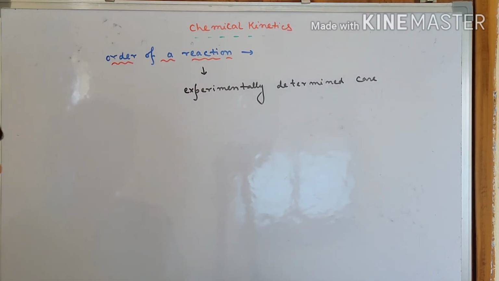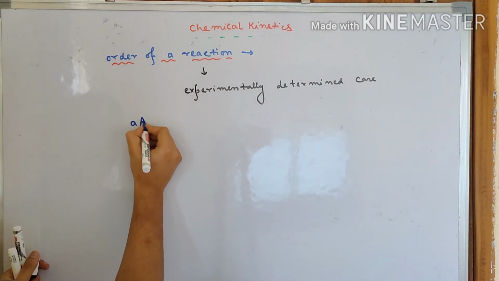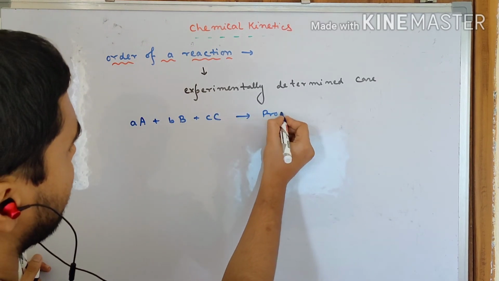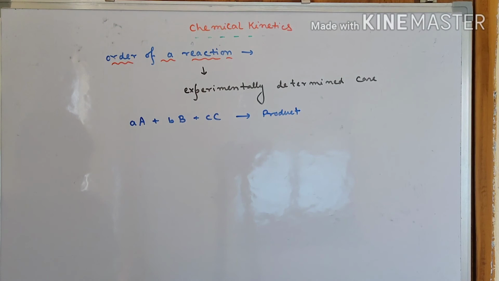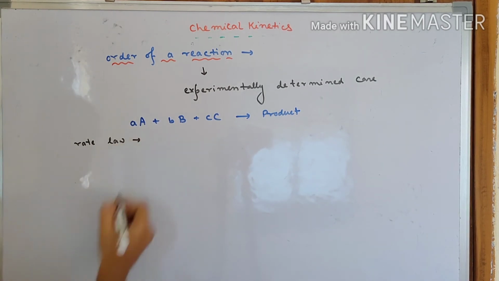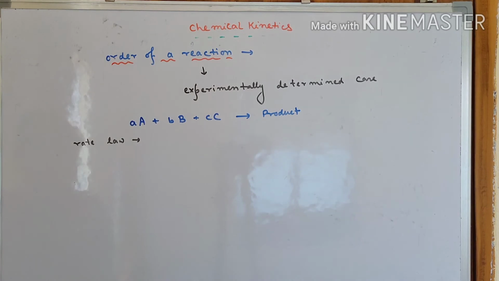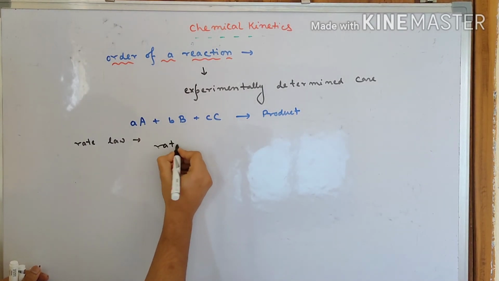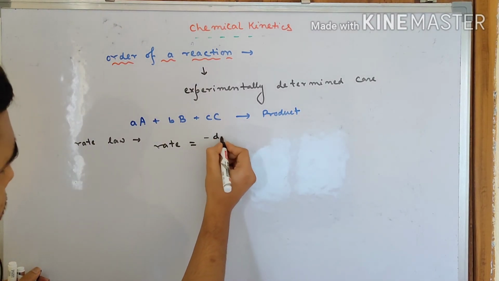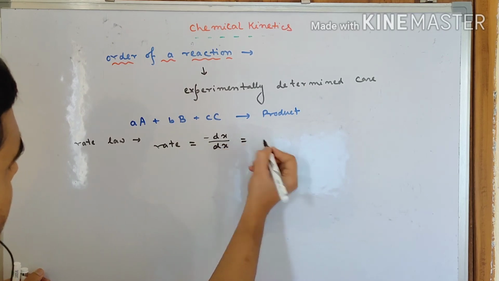So suppose we have taken a reaction, say aA plus bB plus cC, giving rise to product. Now, as per the rate law, what should we write? The rate law will suggest that rate is equal to minus dx/dt, the instantaneous rate.